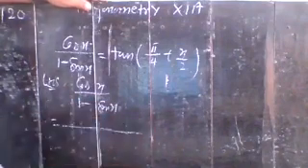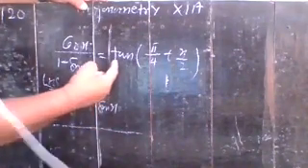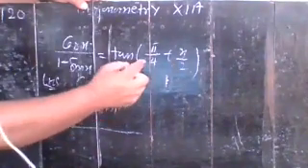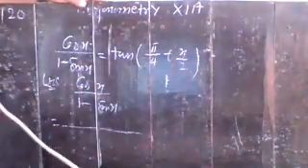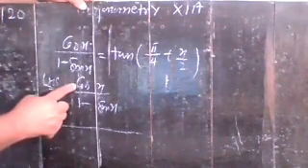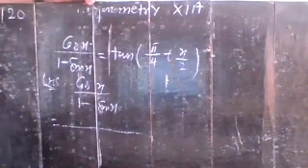Here you see your right side result is in the form of tan, of the form tan of x plus y, meaning tan of pi by 4 plus x by 2. So here you apply the formula of cos, which you already know: cos 2x is equal to cos square x minus sin square x.